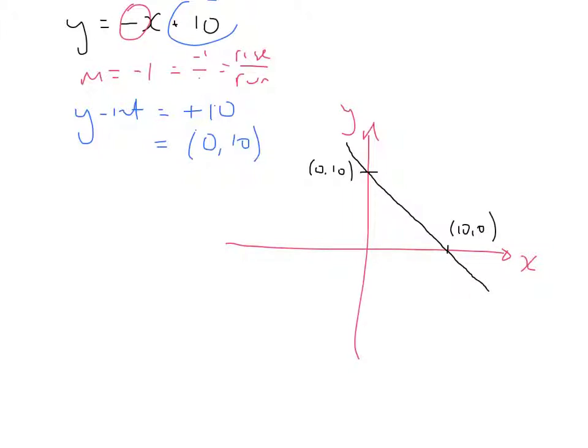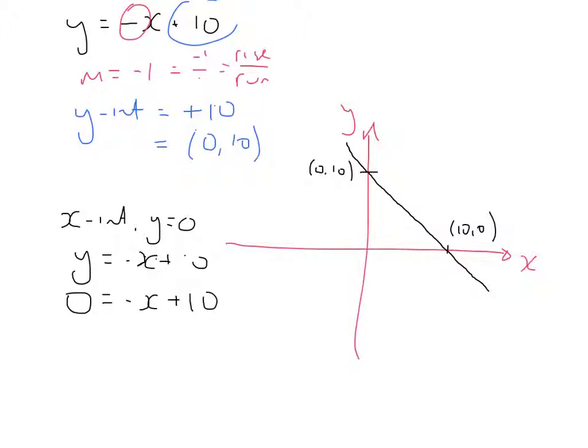If you're unsure of that, you can always work out what the x-intercept is going to be by making y equal to 0 and substituting that into our equation. So our equation is y is equal to negative x plus 10, or 0 is equal to negative x plus 10.